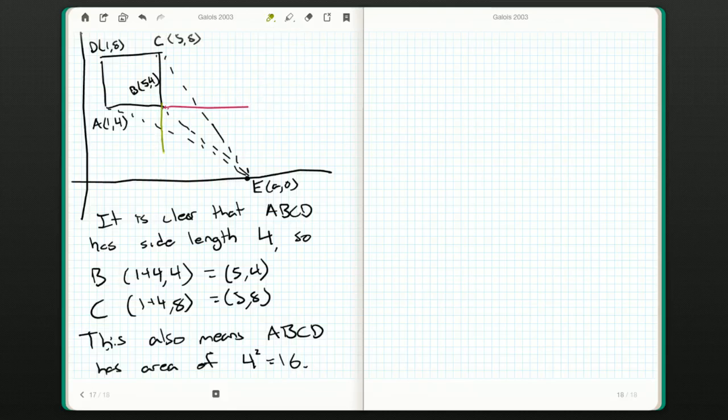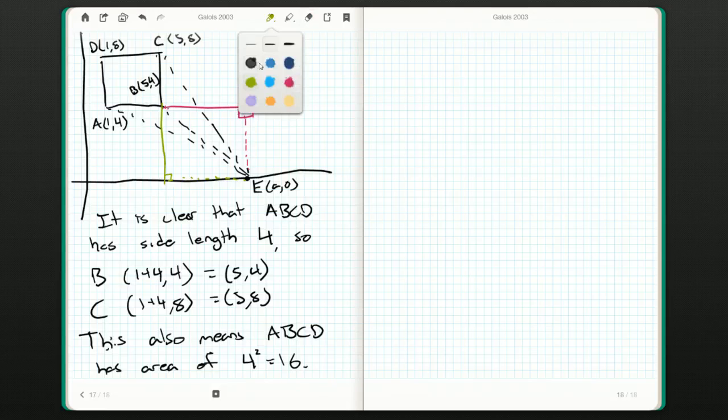So if we were to extend BC and AB, we would get lines here that are parallel to the x-axis and the y-axis.